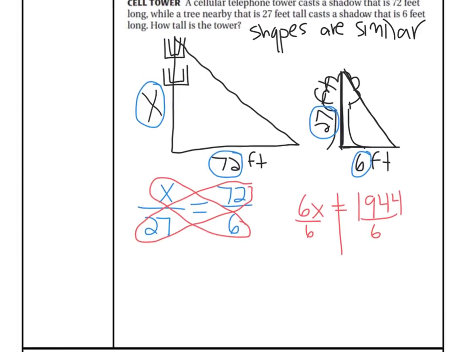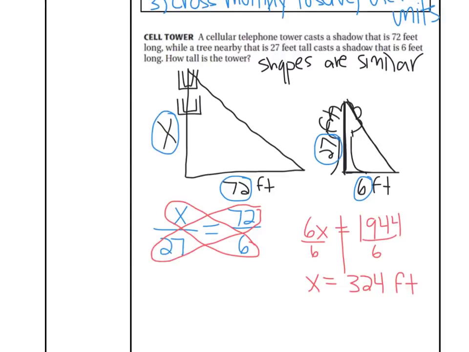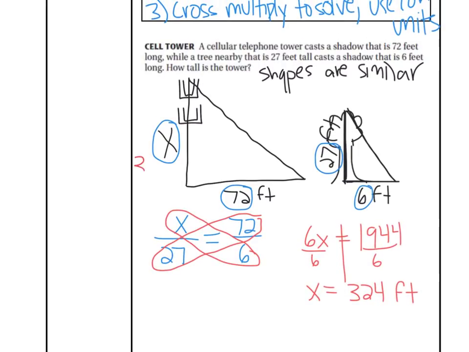So my answer for how tall the tower will be, x equals 324. Again, this needs units because it's a word problem, and they were measuring in feet. So I'm going to go back to my picture, and where x was, I'm going to write that is 324 feet tall for the cell phone tower.